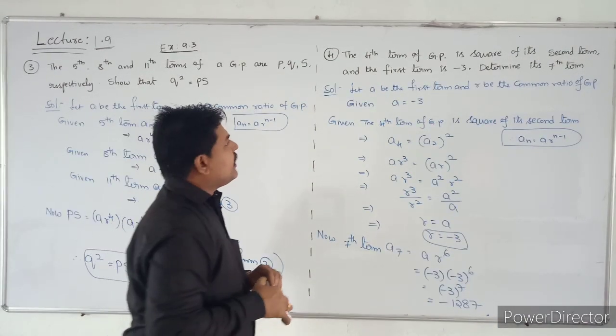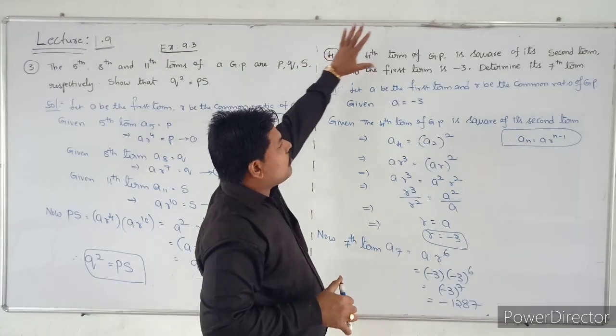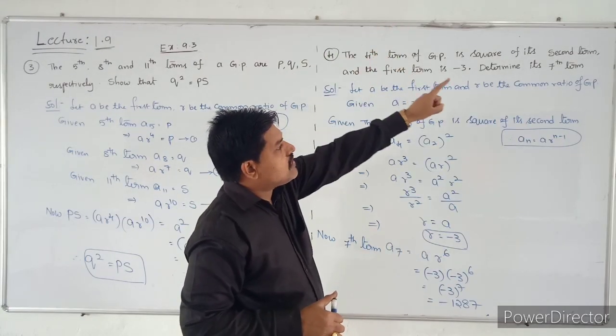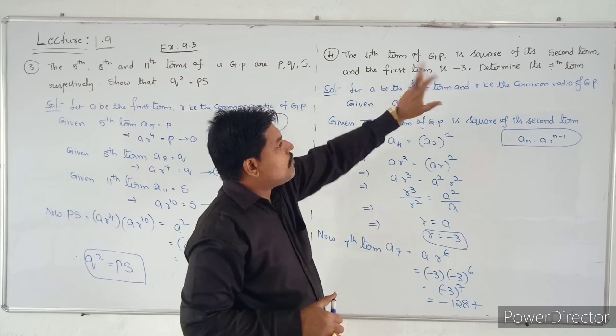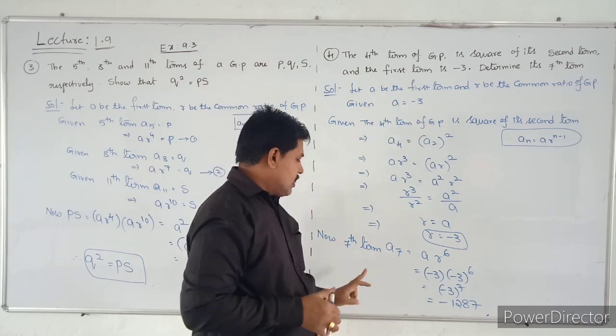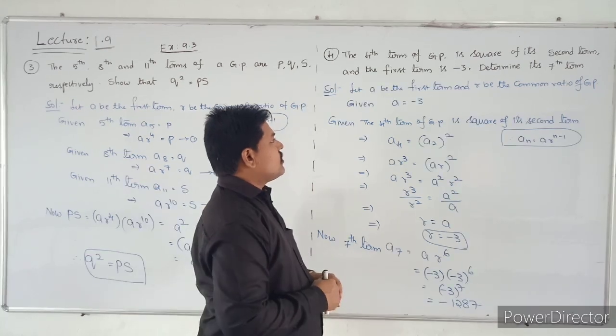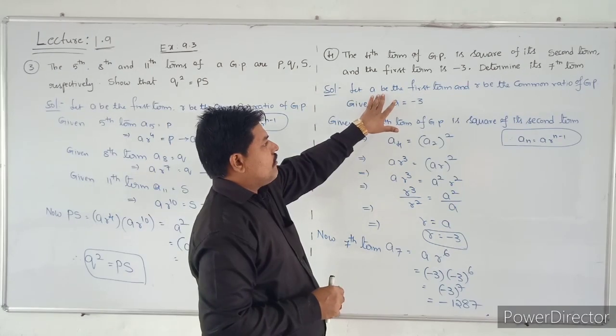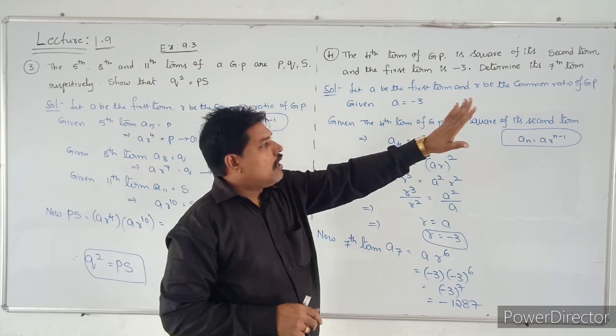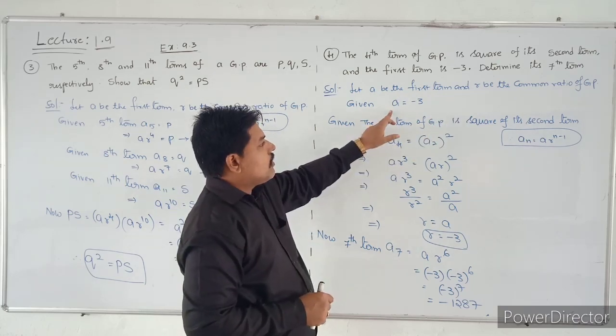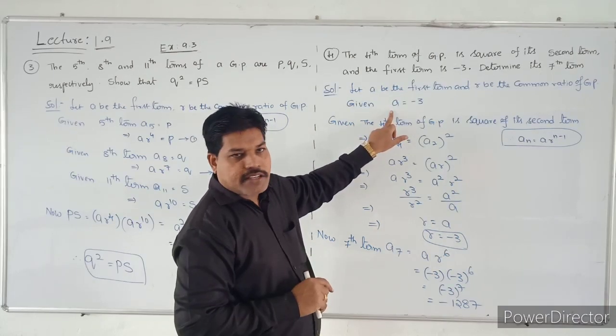See the question once again. The fourth term of a GP is the square of its second term and the first term is minus 3. Determine the seventh term. So they are asking the seventh term. First we have to see that. Let the first term be A and R be the common ratio. And already in the question they have given that A is equal to minus 3.